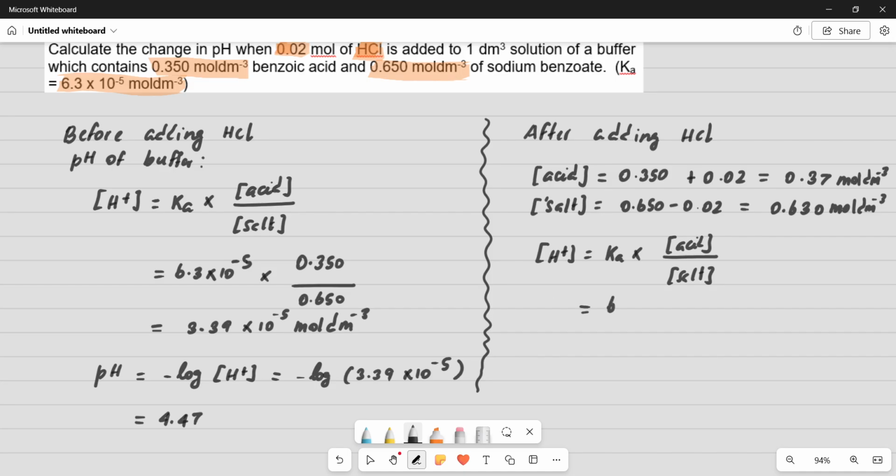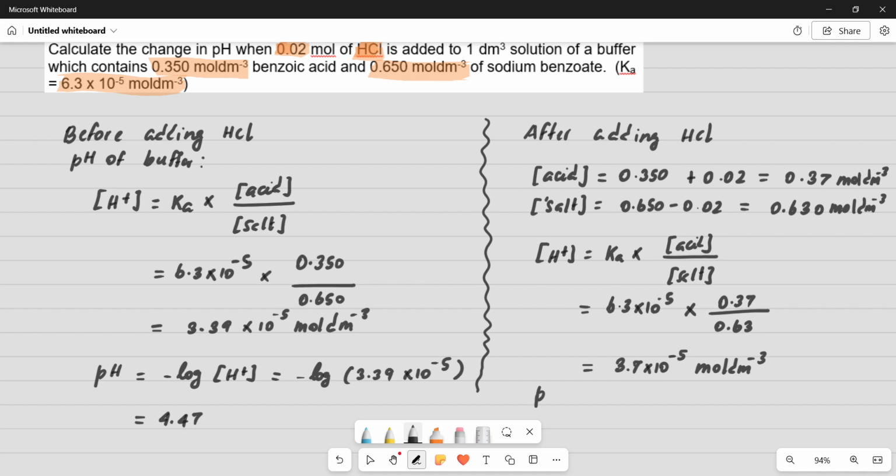So Ka is the same, 6.3 into 10 to the power negative 5 multiplied by 0.37 divided by 0.63. I am getting 3.7 into 10 to the power negative 5 moles per decimeter cube.